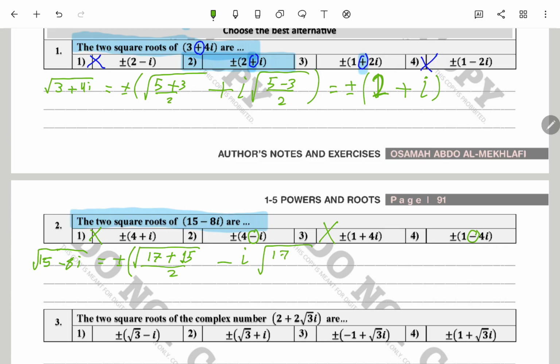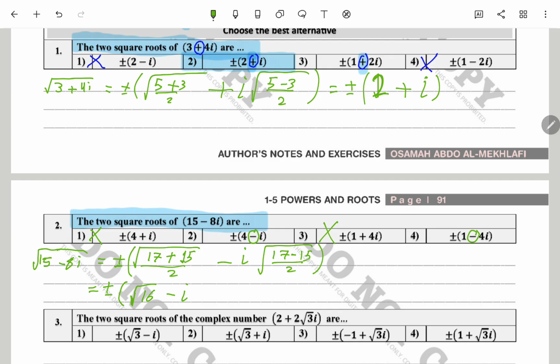Square root again of 17 minus 15, and this all will be divided by 2. Close your bracket and continue. Plus and minus again, and you will have the square root of 17 plus 15, which is 32, and 32 divided by 2 is 16. So you are finding a square root of 16, which is 4. Square root of 16 minus i.